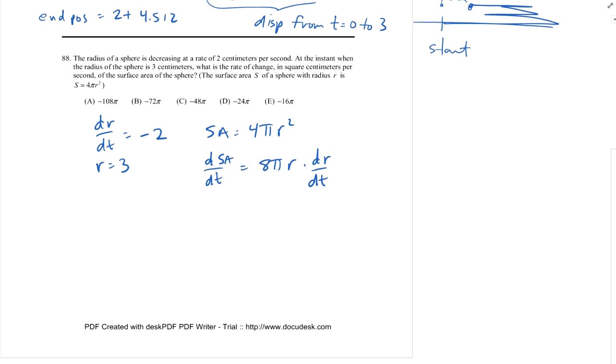You guys would never forget the chain rule. We want the rate of change of the surface area when r is 3, so 8 pi times 3 times -2. 8 times 3 is 24, times 2 is -48 pi square centimeters. There we go.